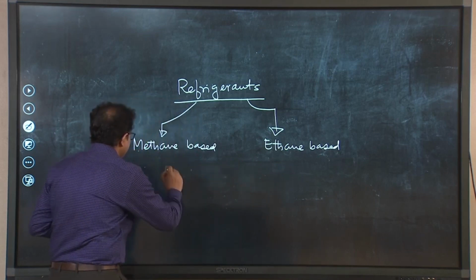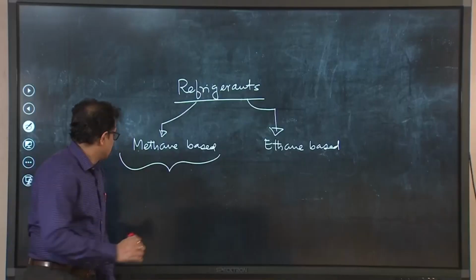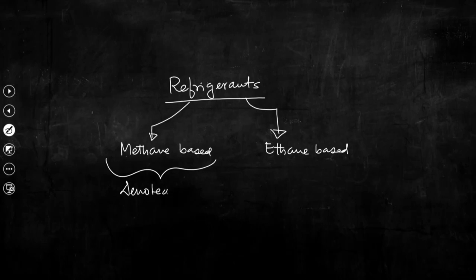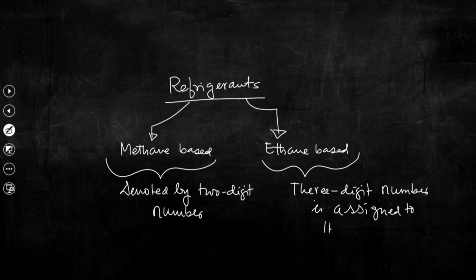Now, these methane based refrigerants are basically denoted by a 2-digit number, while for the ethane based, a 3-digit number is assigned to the refrigerant which are ethane based.